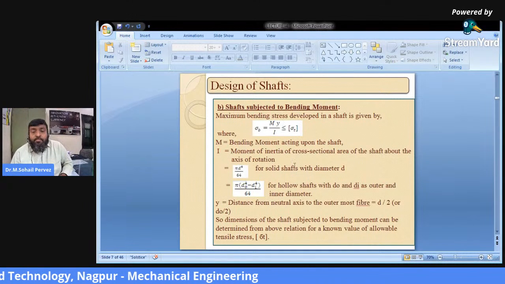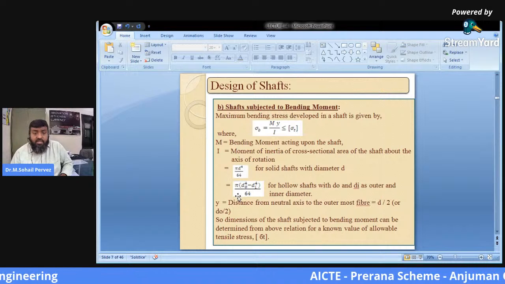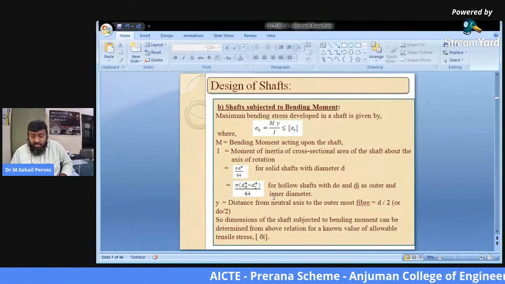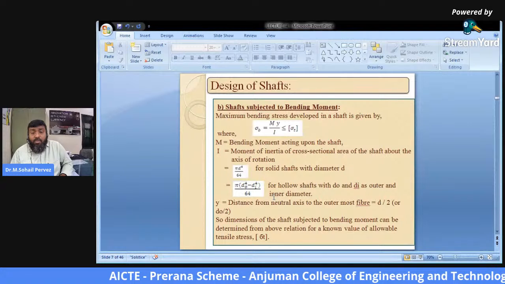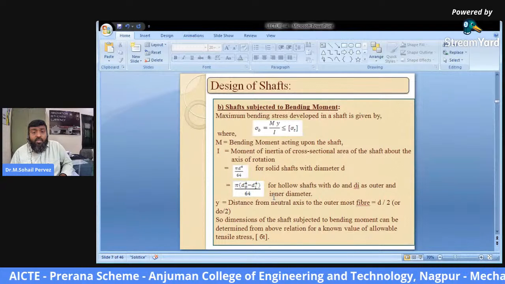So I is pi by 64 d raised to 4, and again for a hollow circular shaft it is pi by 64 into do raised to 4 minus di raised to 4.